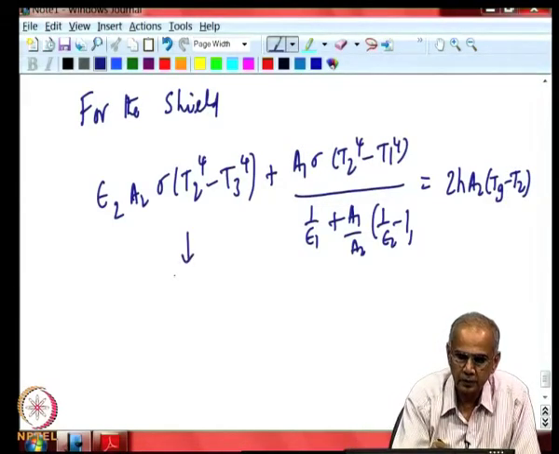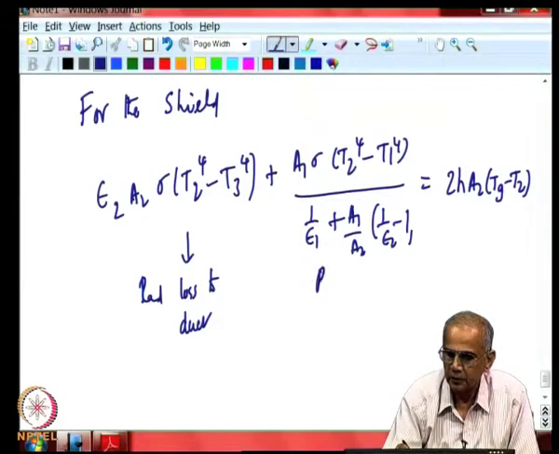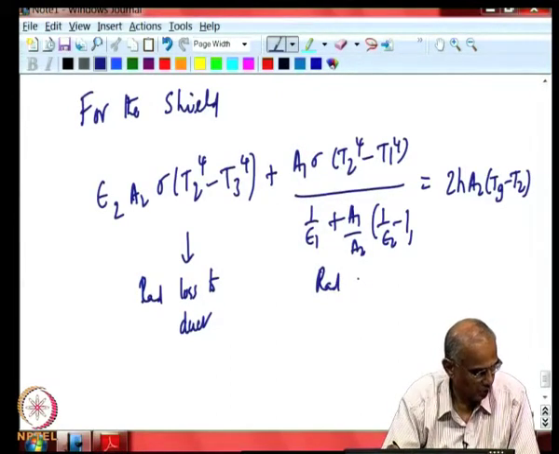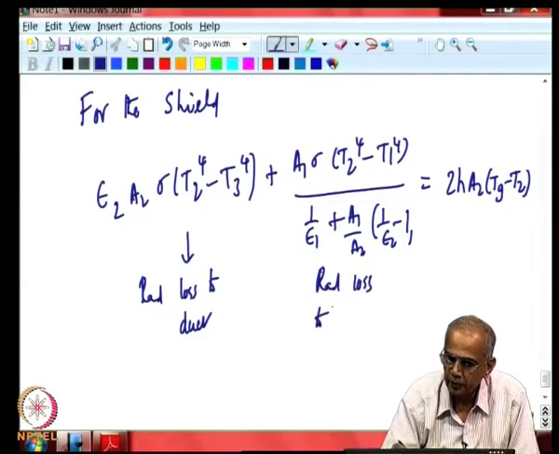So, this is radiative loss to duct, this will be radiative gain, this will be the radiative loss to, I am sorry, thermocouple.